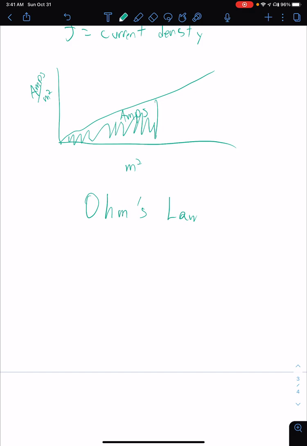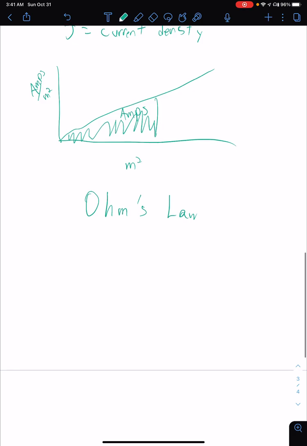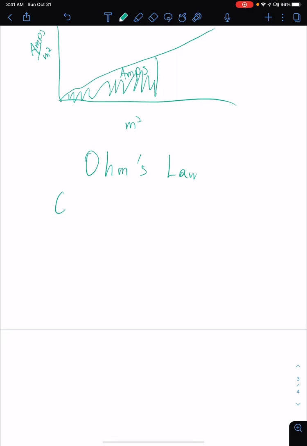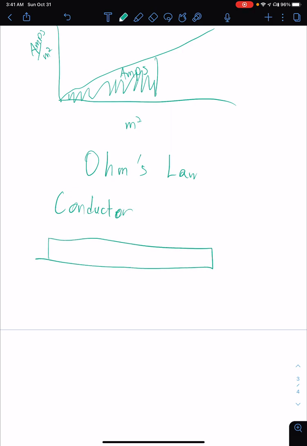Conductance is the inverse of resistance. So let's break that down into something that's actually usable for this exam. Inside of a conductor, when there's no current, there is no electric field inside of this.